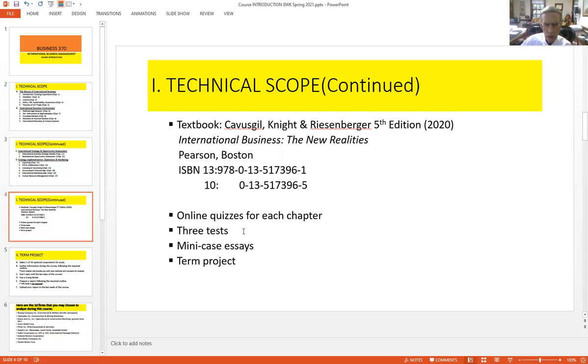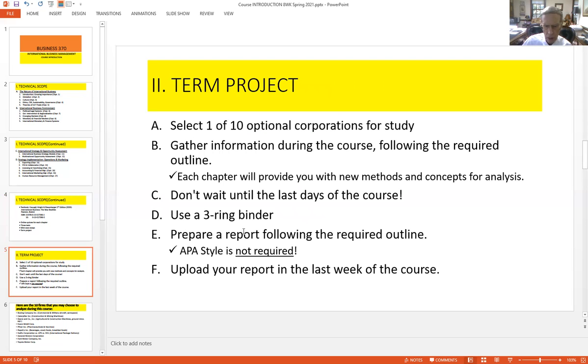As time goes on, I will provide you with some information to do a project, but you by yourself will be obliged to prepare a report on a company of your choosing from a list. And I'll show you that list pretty quickly. So the term project, it'll go in a sequence sort of like this.